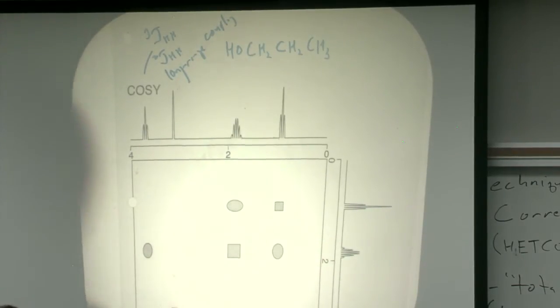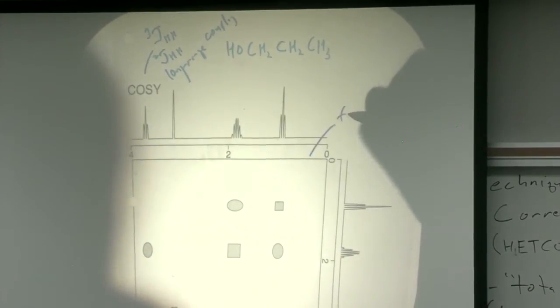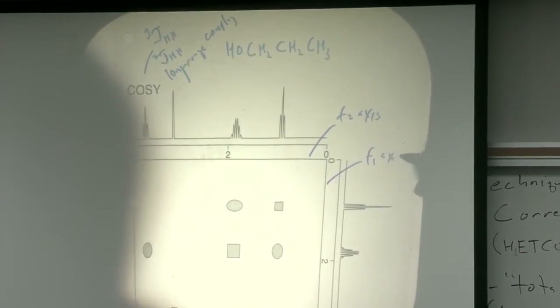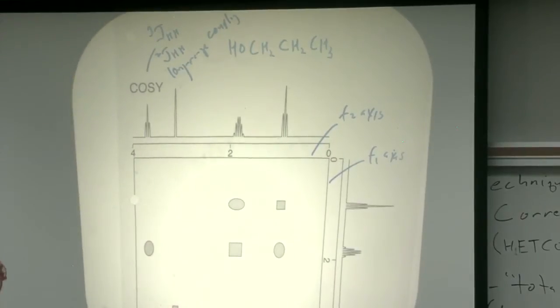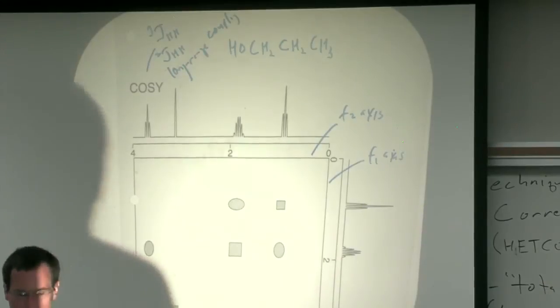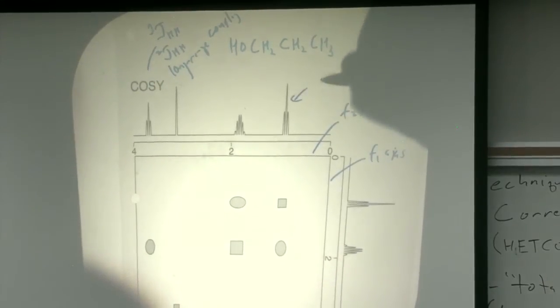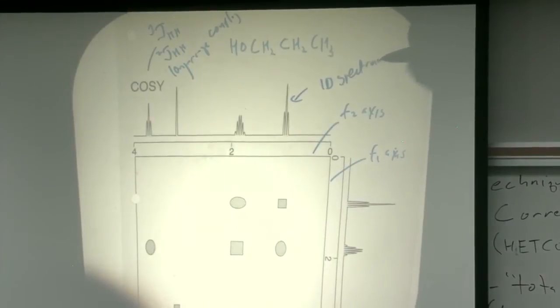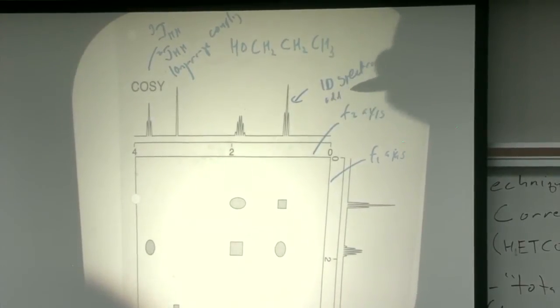Now, remember, I talked about our axes. So this is our F2 axis. This is our F1 axis. And these technically are not part of the spectrum. These are actually one-dimensional spectra added for reference.